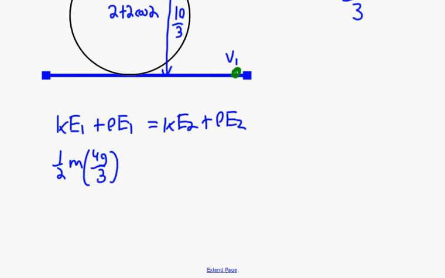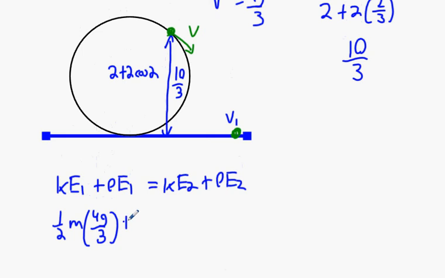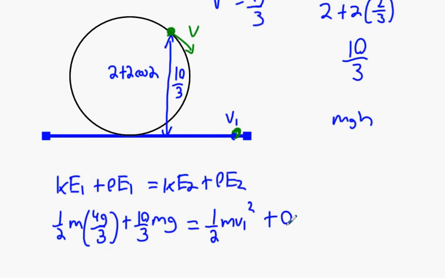Our potential energy, we found it a second ago. 10 over 3 is the height, so it's mgh. So it's going to be 10 over 3 mg. What's our kinetic energy at the end? We don't know. It's the whole point of the question. A half mv1 squared. And then its potential energy at the very end, when it hits the ground, 0.